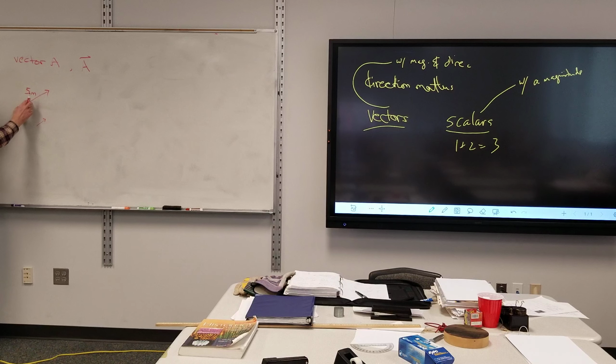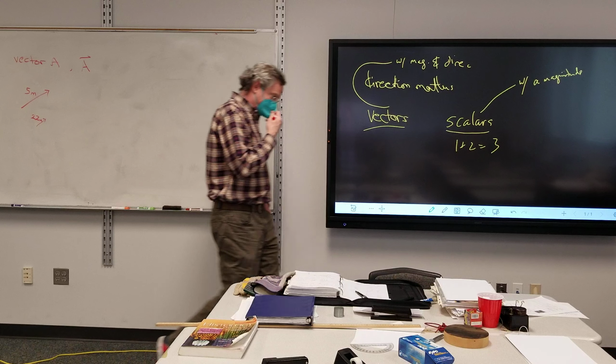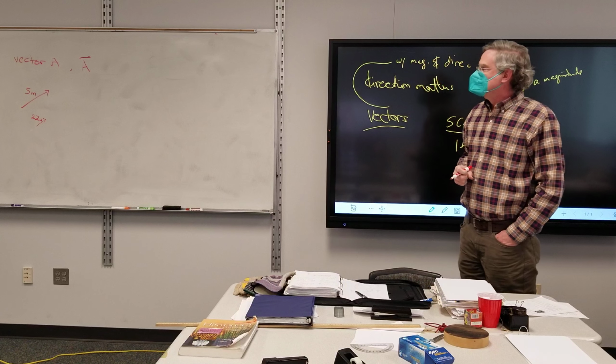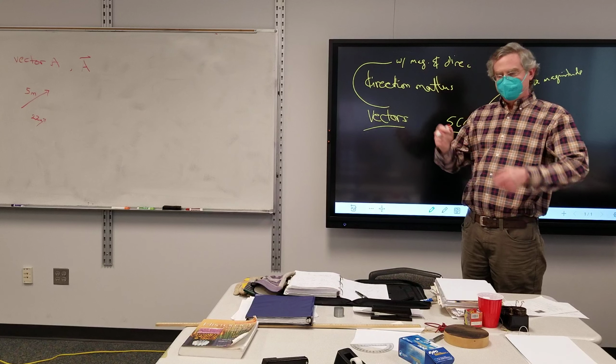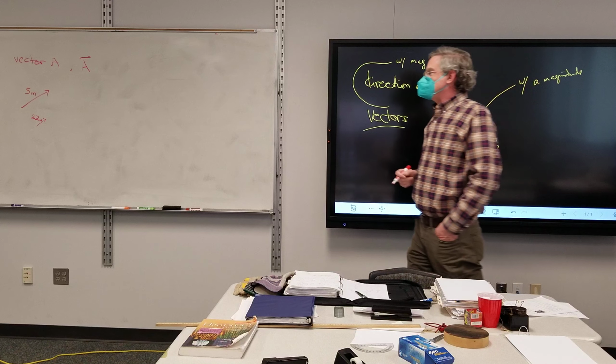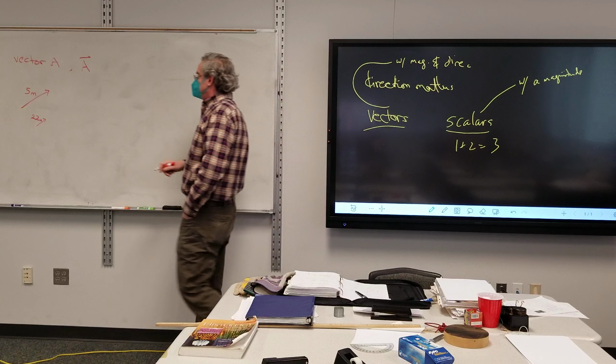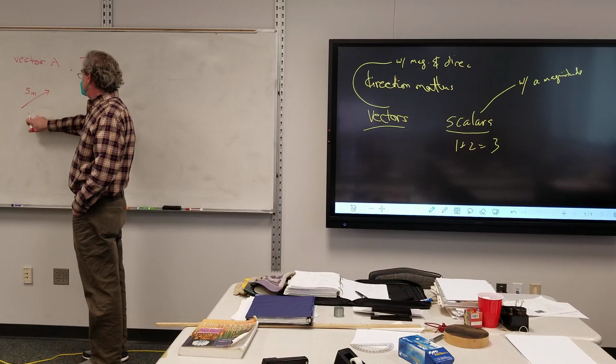By the way I've drawn it, that looks like about 2.2 meters. If I really wanted to be precise, I'd pull out a ruler, measure the lengths, and get an actual proportion there. And there is a decimal point in there.